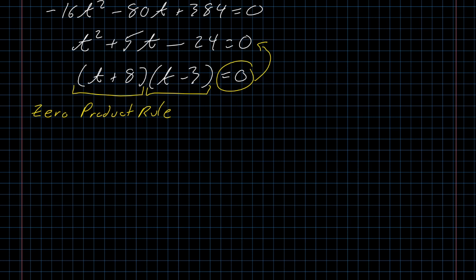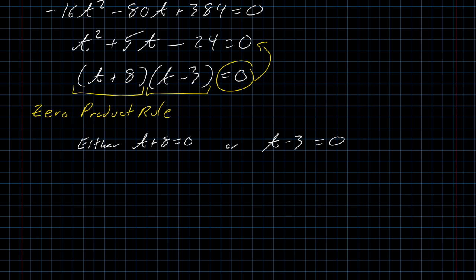The only way you can multiply things together and get 0 is to multiply 0 times something. And so by the zero product rule, it must be the case that either t plus 8 is equal to 0 or t minus 3 is equal to 0. These are both relatively simple equations to solve.